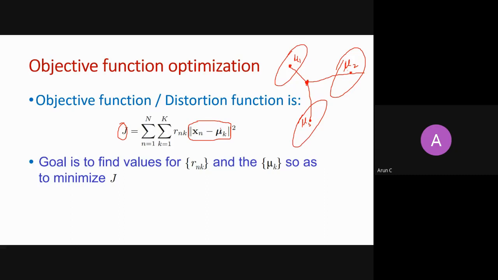I am just trying to find how far my nth point is from this prototype vector mu k, right? Then I am multiplying it with this particular component. If I put it in linear algebra terms, this is how it is.